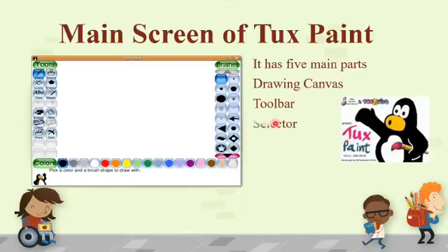Then comes the selector. Whatever tool we select here, either it is a paint, stamp, lines, shapes, text or magic, its selectors or its properties open up here. So right now these are the properties, or the selectors, of the brush.